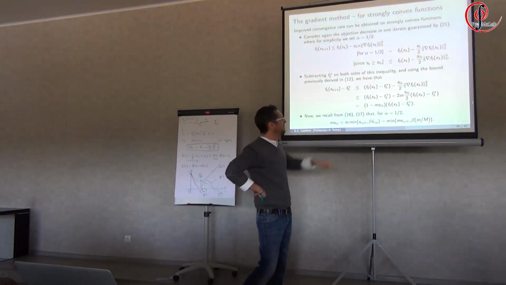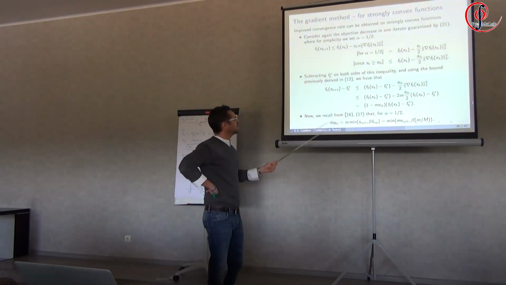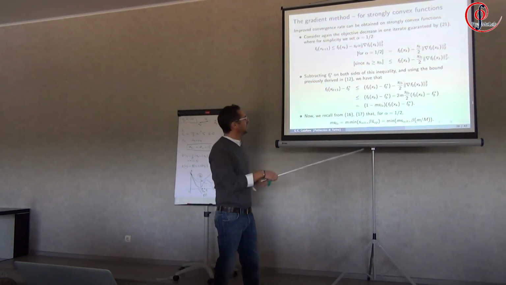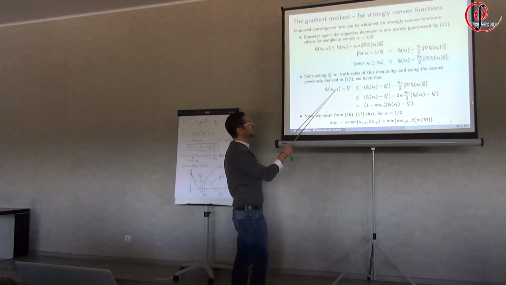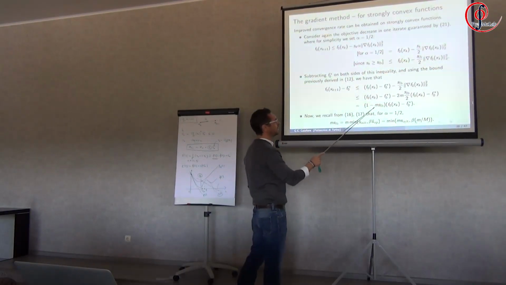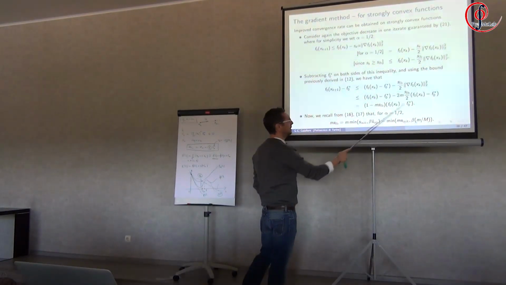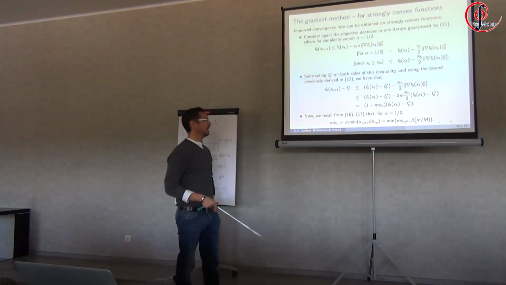These are passages that you can follow from the slides, and so we conclude that this kind of relation has to hold. So f0 at some iteration minus f0 star is equal to 1 minus m as lower bound, and this quantity, which is just the optimality gap at the previous step.